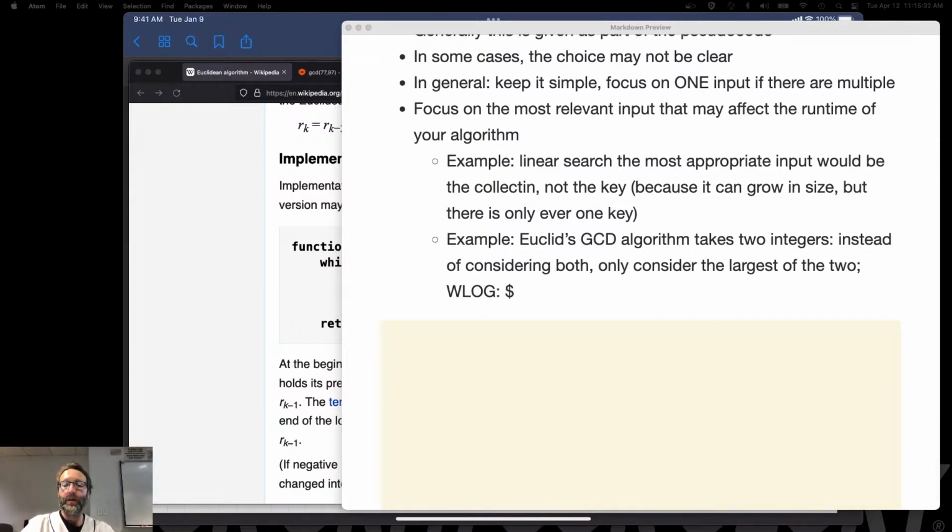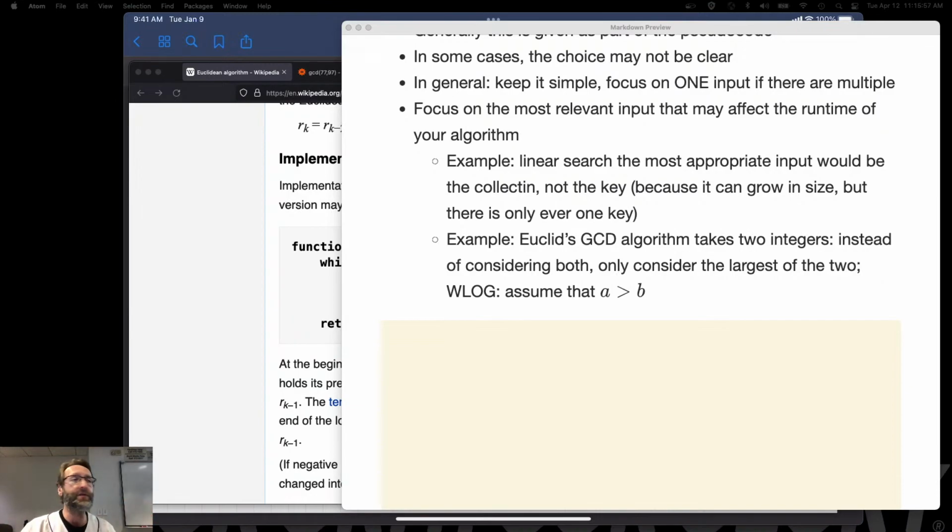Assume that, say, A is greater than B. What does WLOG stand for? Do you know? Without loss of generality. In other words, I'm going to state this assumption so that the proof is easier to present. It's without loss of generality because this assumption doesn't kill the entire overall theorem.